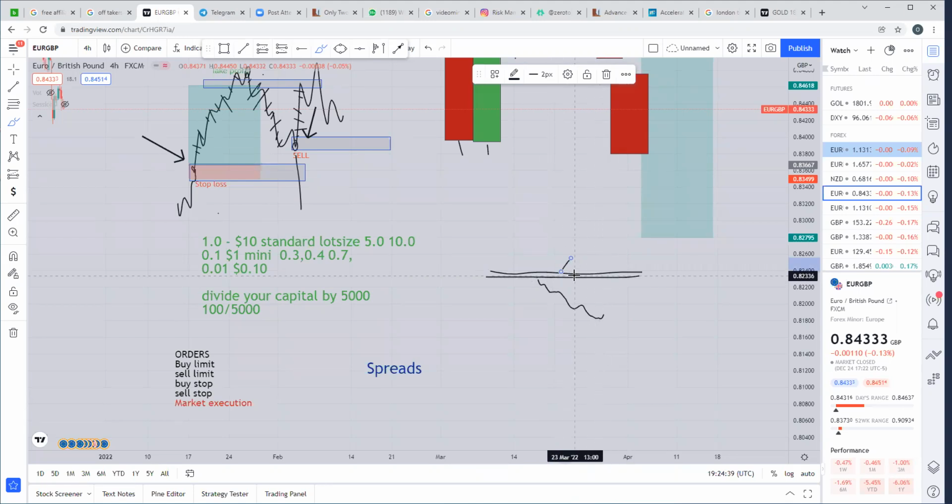So even when your market is moving your way, you might not go into profit immediately. That is why most times when you open a trade, it doesn't start in profit immediately, because of the differences in the prices that the market is giving you.